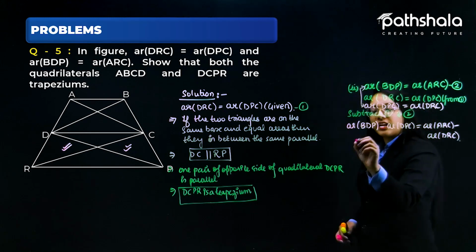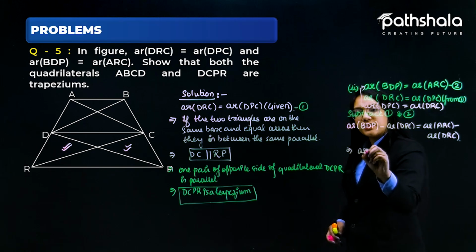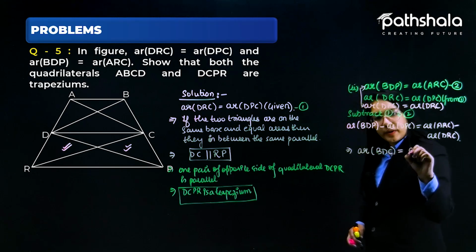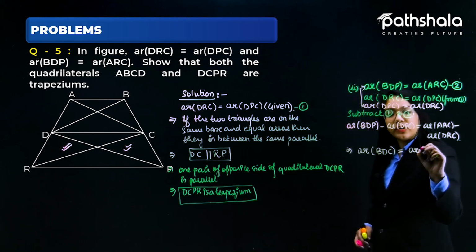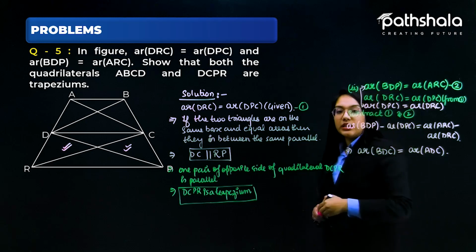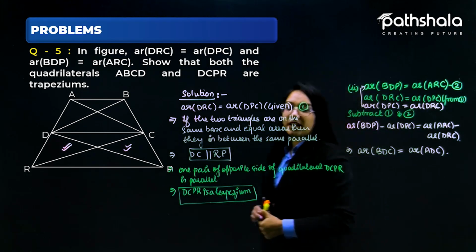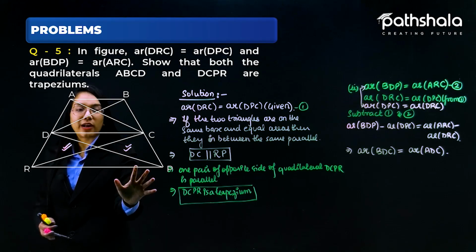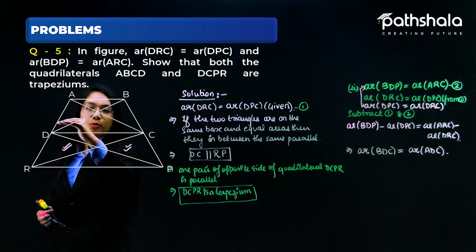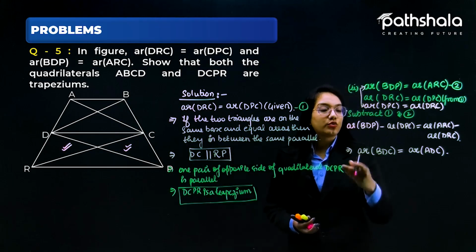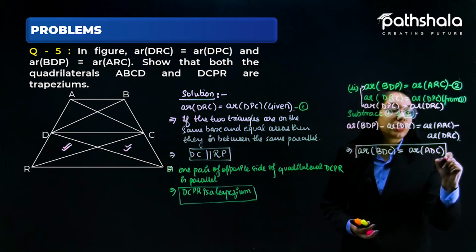So the area of BDC comes out equal to the area of ADC. When we subtract these two areas out of the whole triangle, we get only this portion and this portion. So the areas of the two triangles are equal to each other.